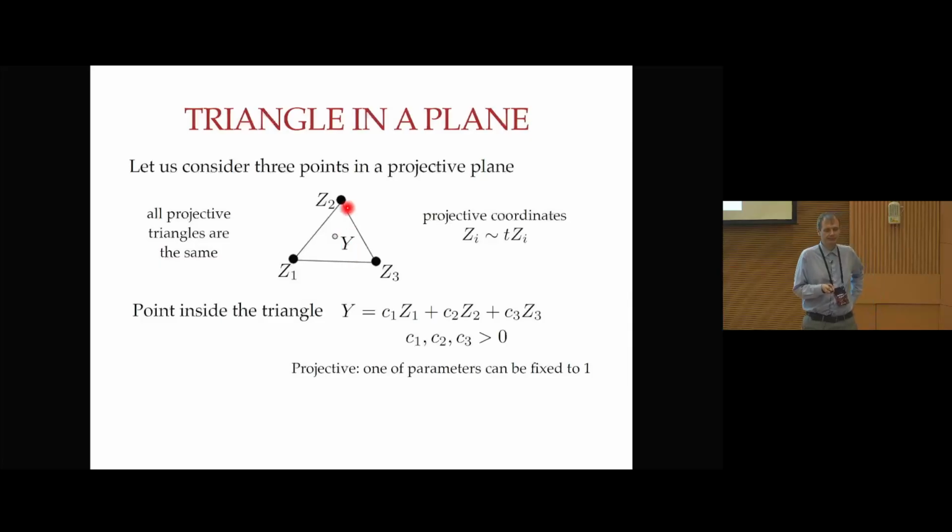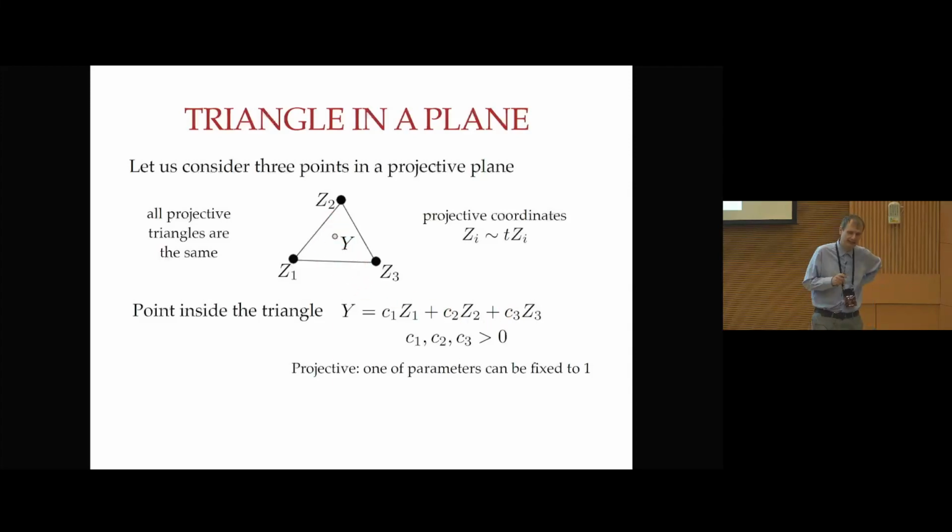We think about the triangle and the interior of the triangle in the projective plane. Now, a point inside this triangle can be written as a linear combination of these 3 z's, the vertices. If you demand that all of these coefficients are positive, you span the interior of the triangle.